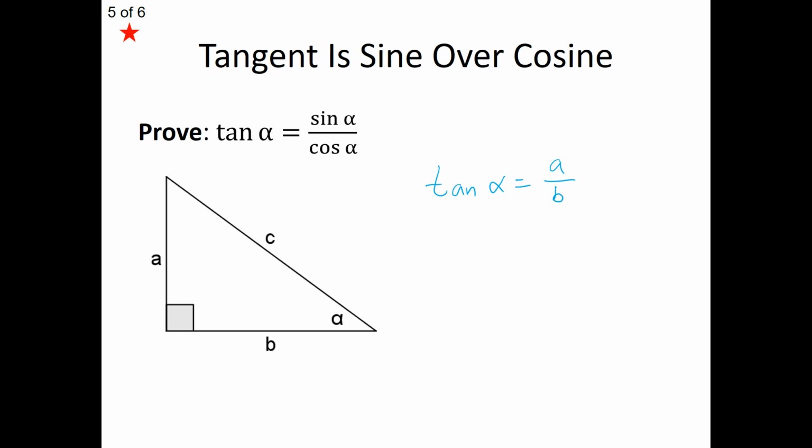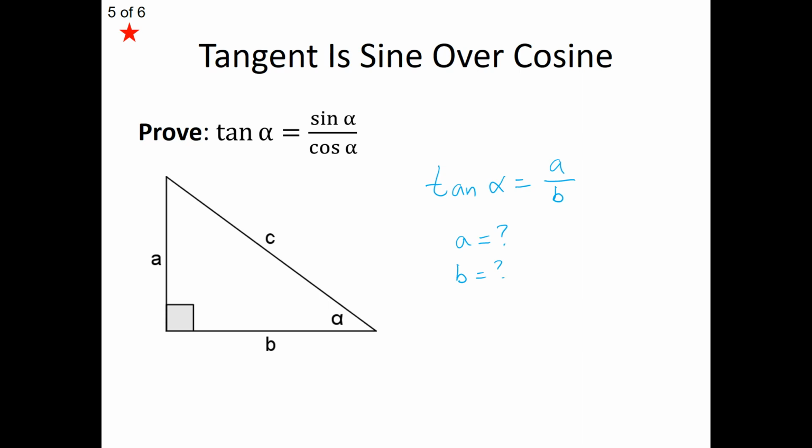So what you're going to then lean into is, is there another way that we can express our A value of our side of our triangle and another way that we can express our B value of the side of the triangle? And really the question is, how are side A and side B related to the sine of alpha and the cosine of alpha?